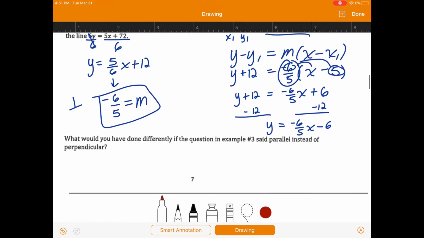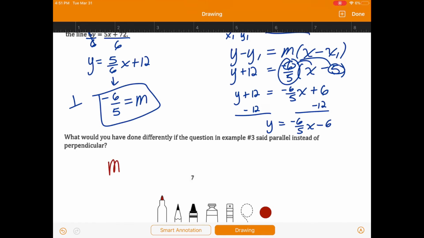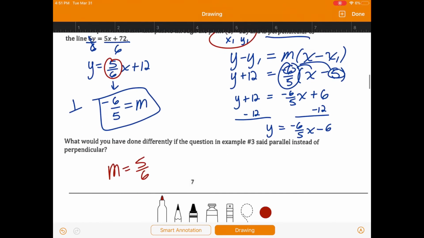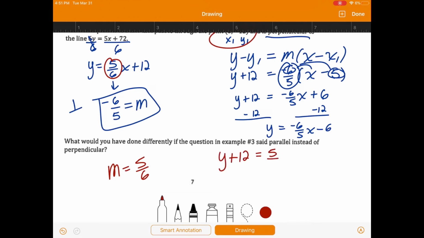So instead, we would have m be equal to 5 over 6 from right here. And we would use the same x1 and y1, and it would look like this. Okay, and then you could solve it that way and figure out what the equation is based on that. So this is the only thing that would change, just the slope.